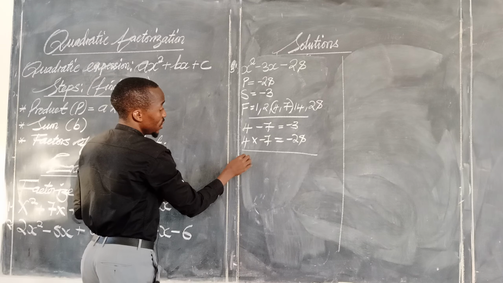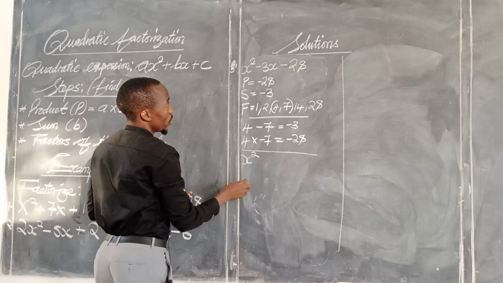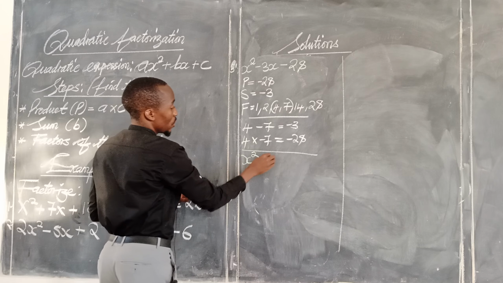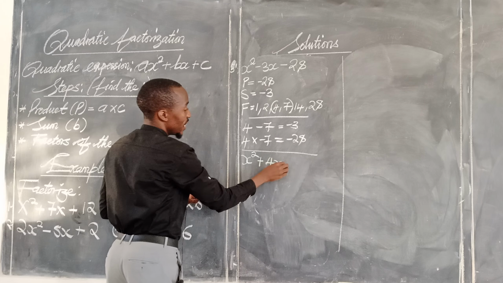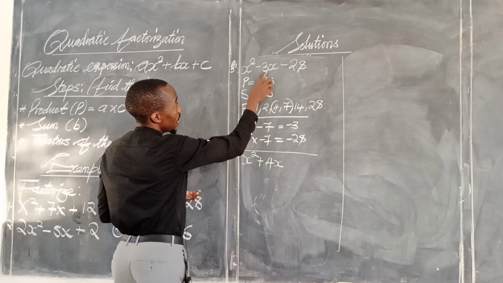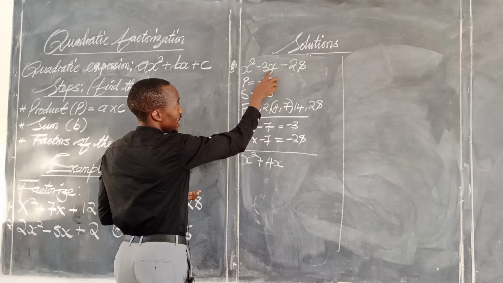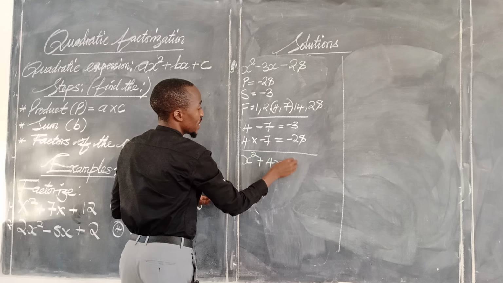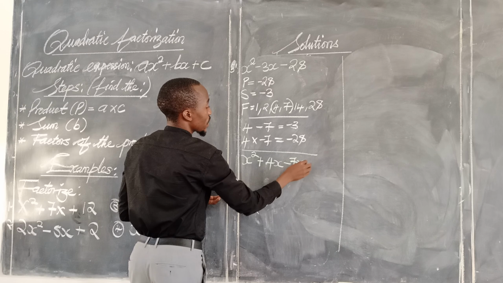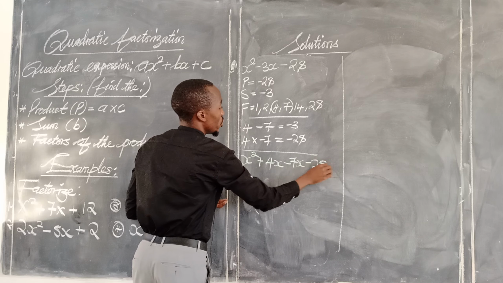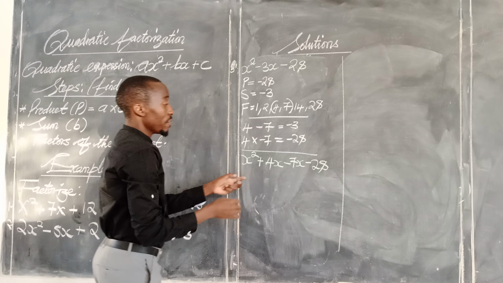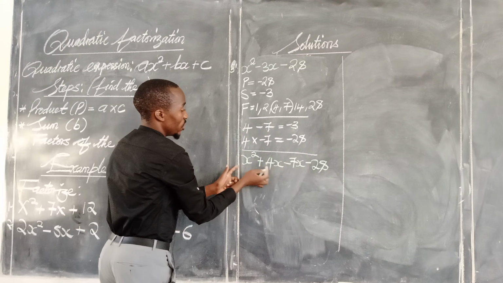So this is going to be x squared plus 4x minus 7x minus 28. We are removing the 3 and just keeping the x.